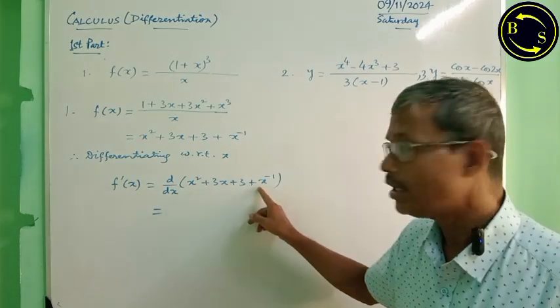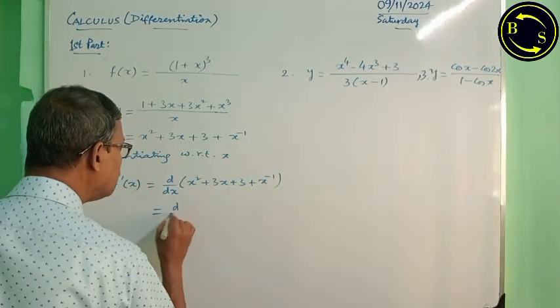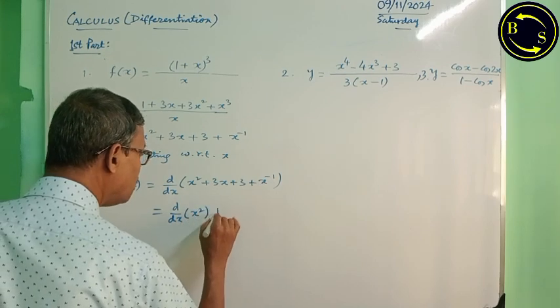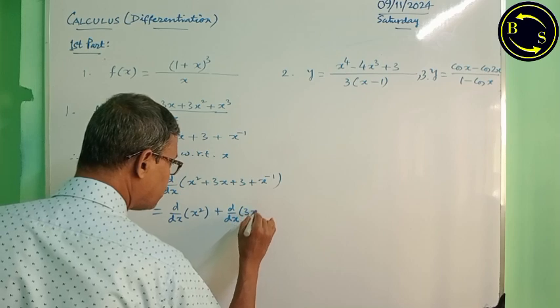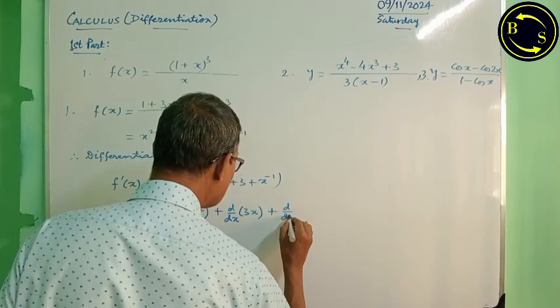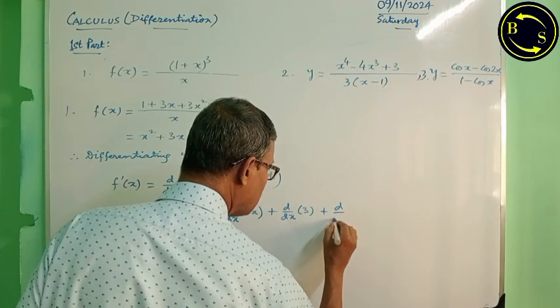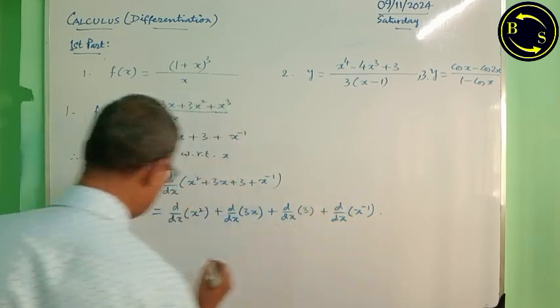Here I apply this one: d/dx of x square plus d/dx of 3x plus d/dx of 3 plus d/dx of x to the power minus 1.